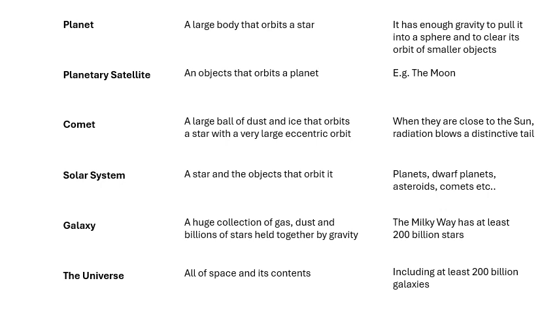It's all of space and its contents, including at least 200 billion galaxies. So at least 200 billion galaxies, and those galaxies have at least 100 billion stars. So the universe is big. And that's the known universe. That's what we know.